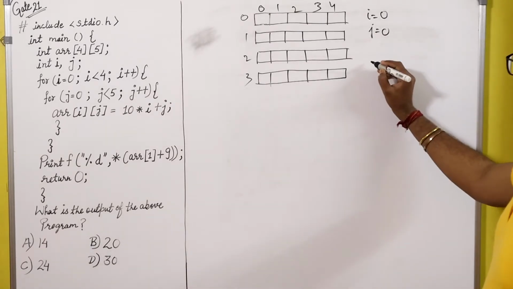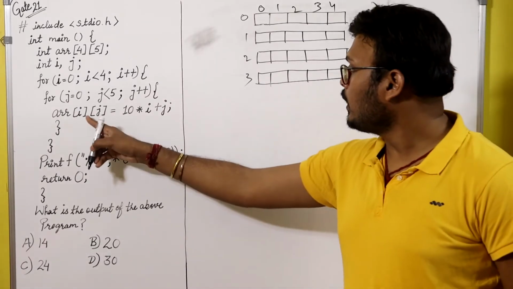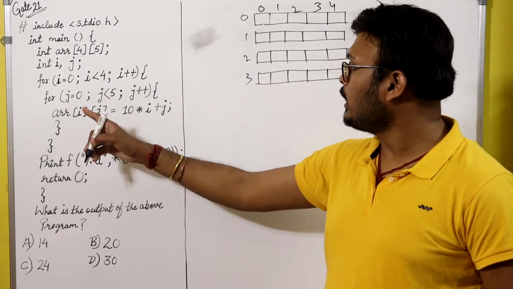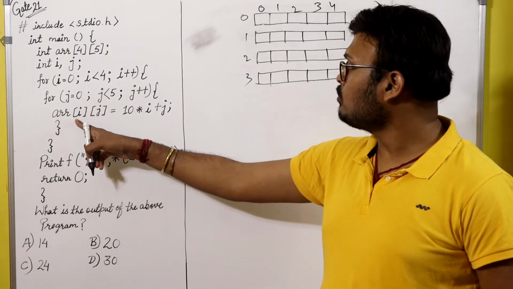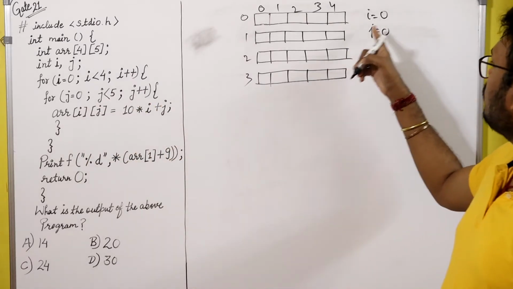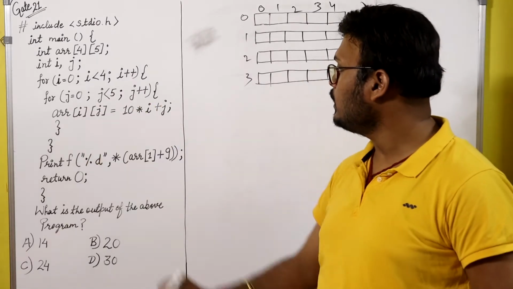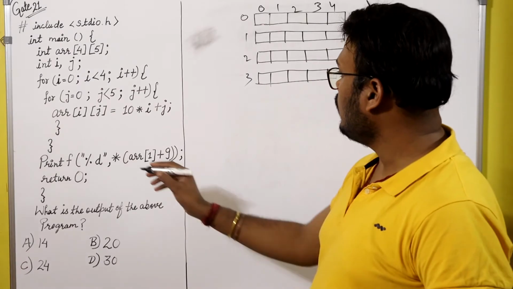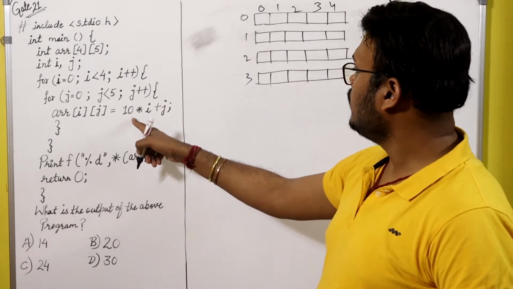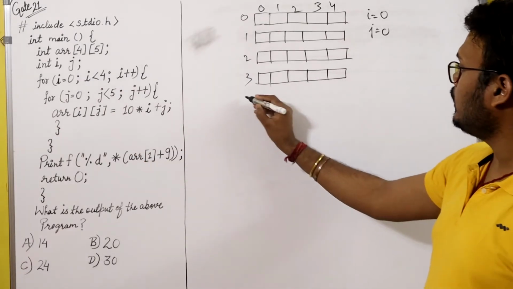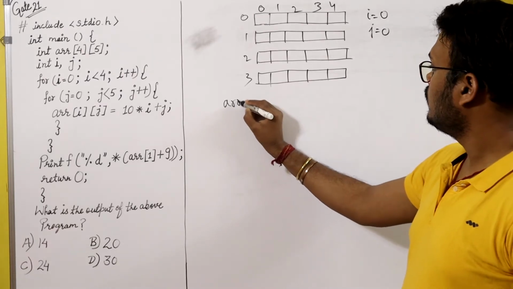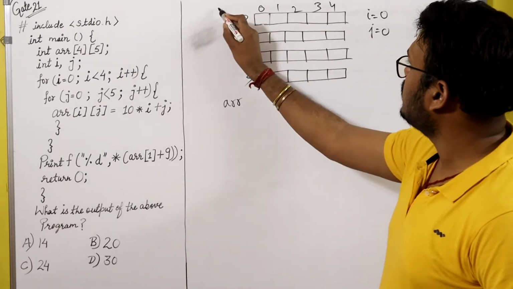So, array of i, j means what? Just write the values in place of i and j. In place of i the value is 0, and in place of j it is 0. Then array of 0, 0 is equal to 10 into 0 plus 0. The name of this array is ARR.